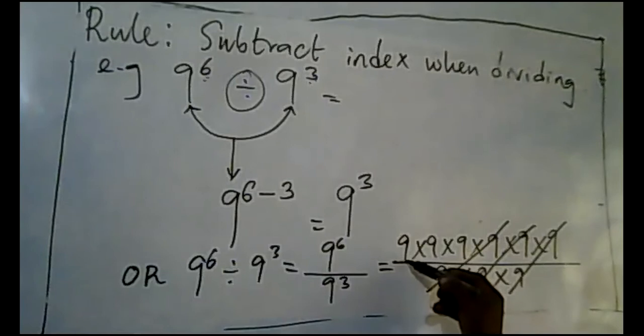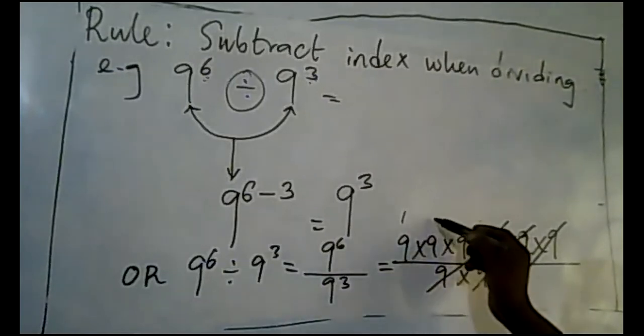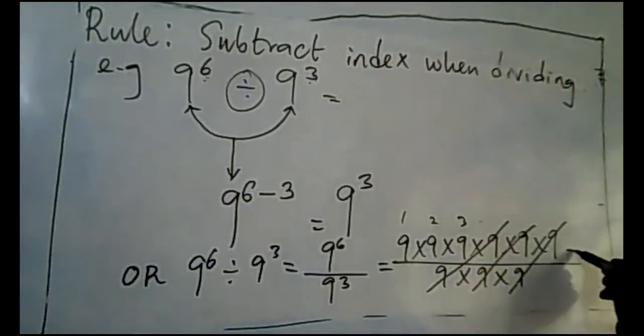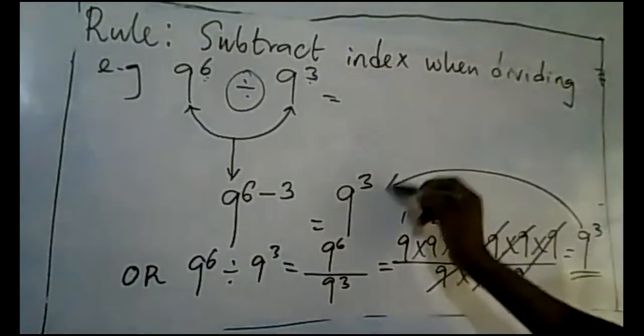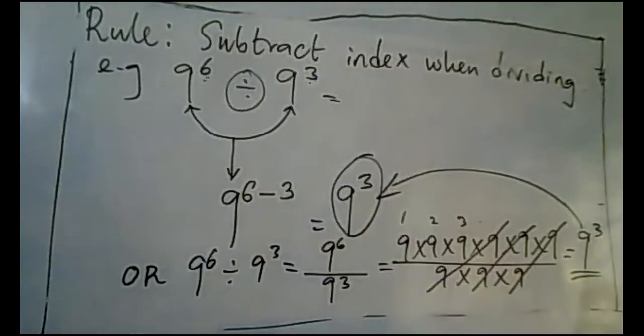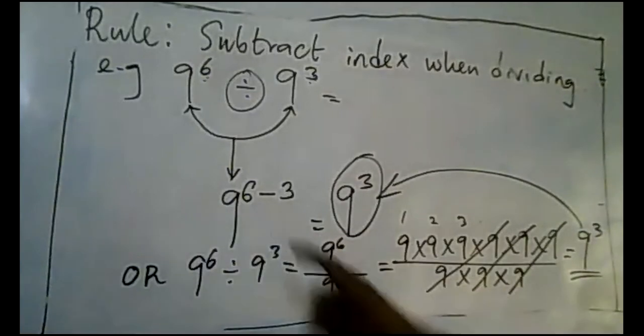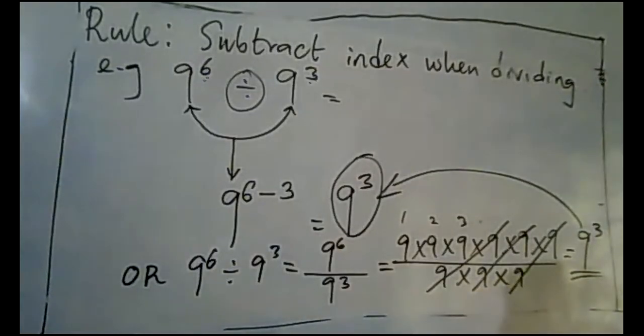So how many 9s do you have here? 1, 2, 3. So your answer, therefore, is 9 raised to power 3, just as we got here. So it's the same answer. If you use this method or that method, you're going to arrive at the same answer.